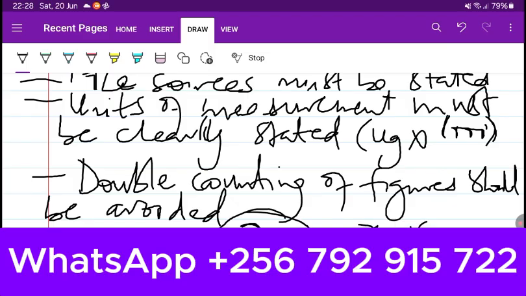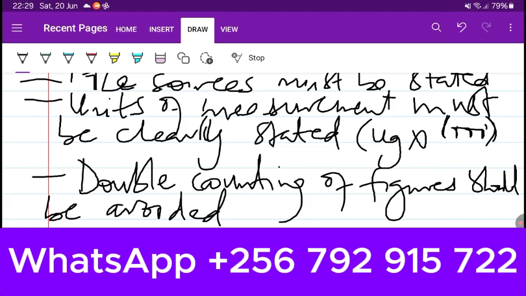The figure could have been 2 million, and you wrote 4 million, but in the total you give a figure which is below by 2 million, meaning somewhere you did some double counting and you didn't realize it. So that's why we are saying double counting is counting the figures twice, so it should be avoided.